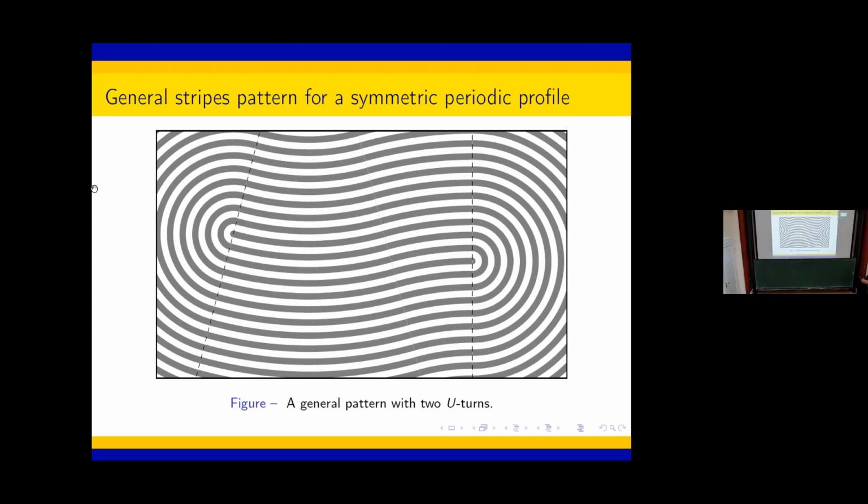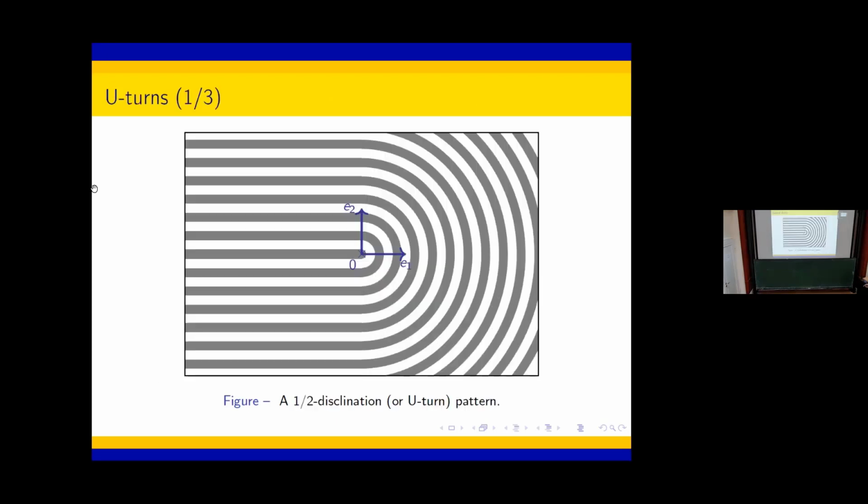But since I cannot distinguish between +u and -u, I may have this picture. So this is what the physicists proposed to consider as possible acceptable patterns. Here I would call it a U-turn.